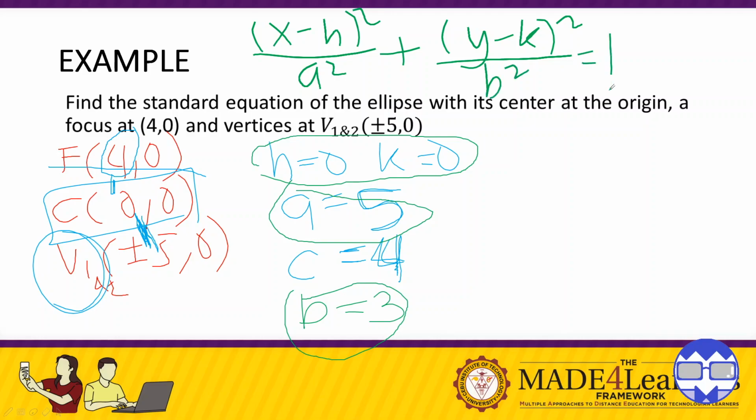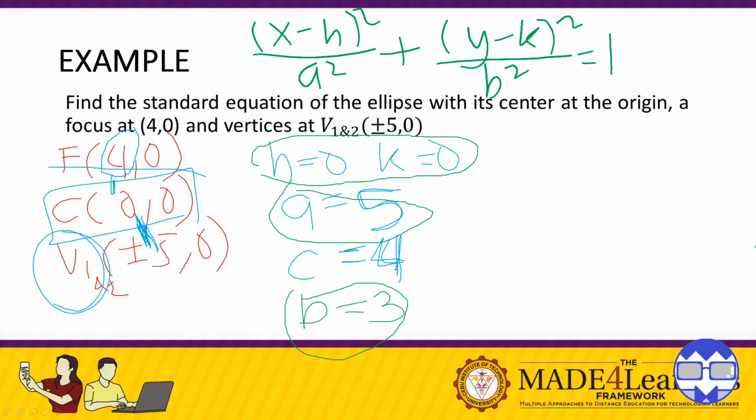Why did I know that this form of the ellipse is being used? Again, the movement is horizontal, so I am sure the formula is for the horizontal major axis.